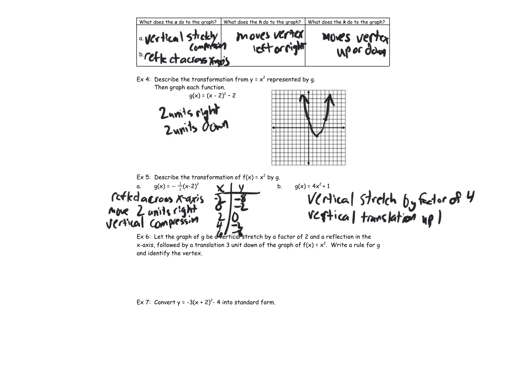Okay, example 6. Let the graph of G be a vertical stretch by a factor of 2 and a reflection in the x-axis, followed by a translation 3 units down of the graph of f of x equals x squared. Write a rule for G and identify the vertex. Okay, rule for G is going to be G of x equals vertical stretch by a factor of 2 and a reflection in the x-axis. So that means it's going to be negative 2, parentheses, x.